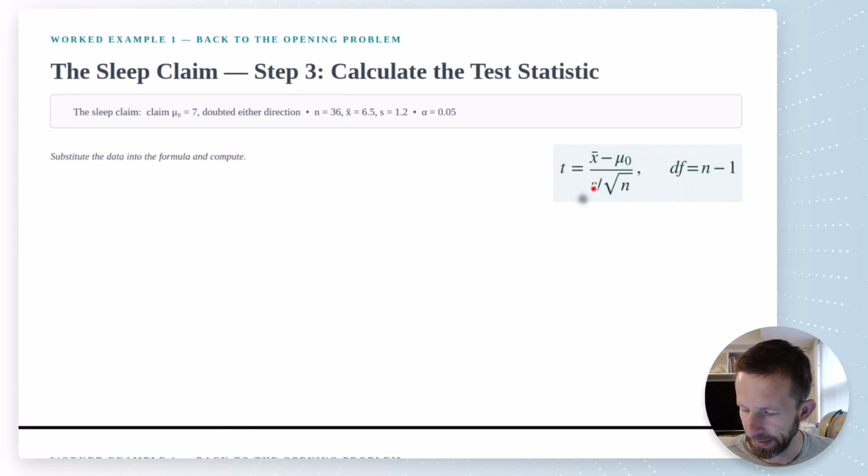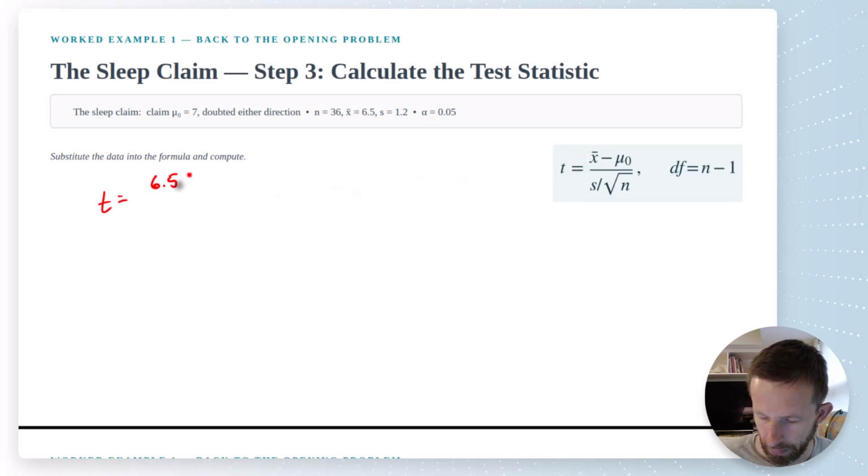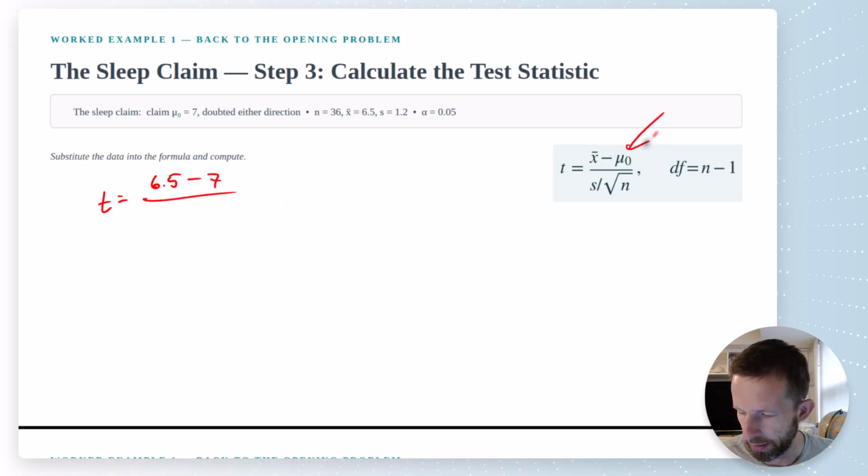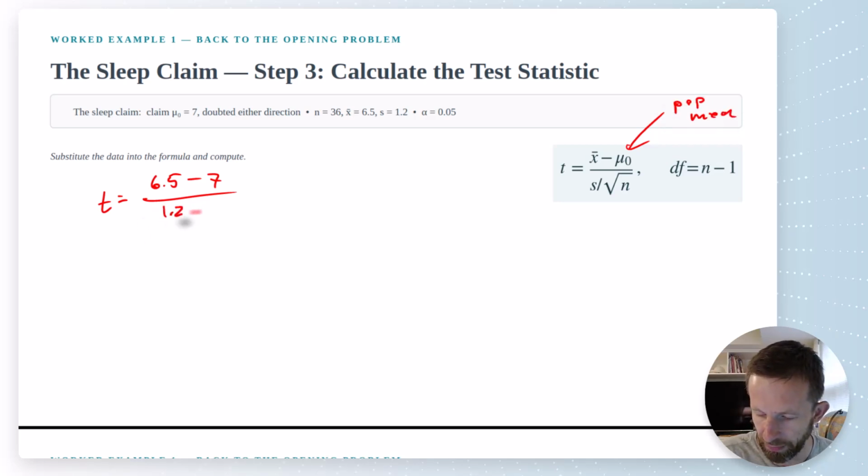Our test statistic t is x bar, which is the sample mean, minus the claim of 7. This is our population mean. Divided by the sample standard deviation, 1.2, divided by the square root of the sample size. The square root of 36 is just going to be 6.